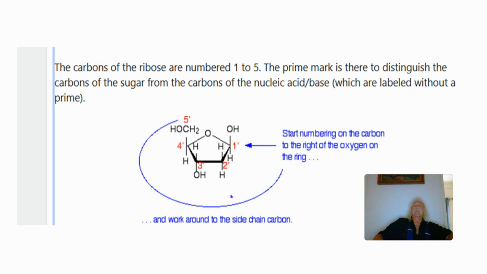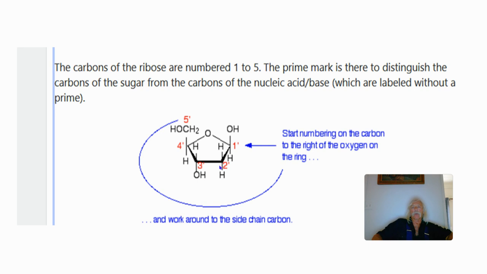Those carbon atoms are not listed as prime. The carbon atoms in the sugar, the ribose sugar, are given the prime. So you can differentiate those when you're talking about the chemistry of the nucleic acid. So you number these ribose sugars from the carbon to the right of the oxygen atom, right? It's the way it's formally done in these configurations.